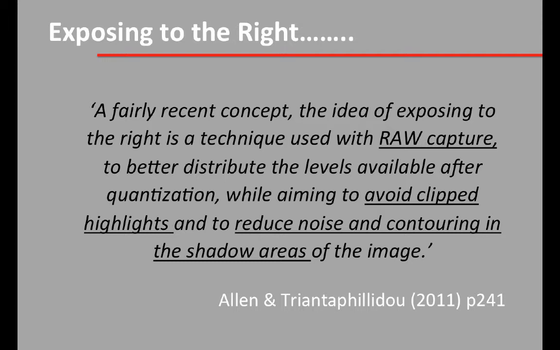Have you ever seen in some of your images that you get this jagged or contouring effect in the shadows? That's because there's not enough pixel depth to actually record variation in that shadow region. So you get contouring, you get noise, you get all those artifacts.